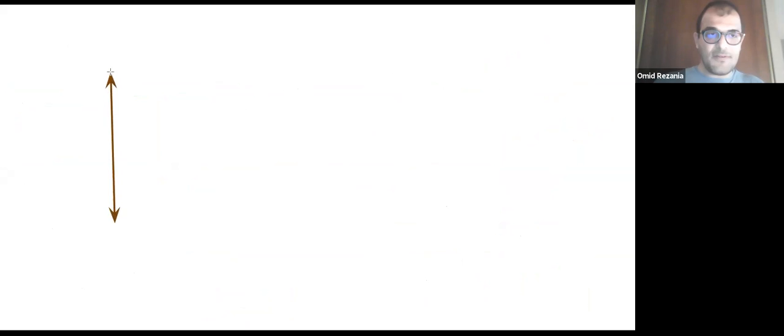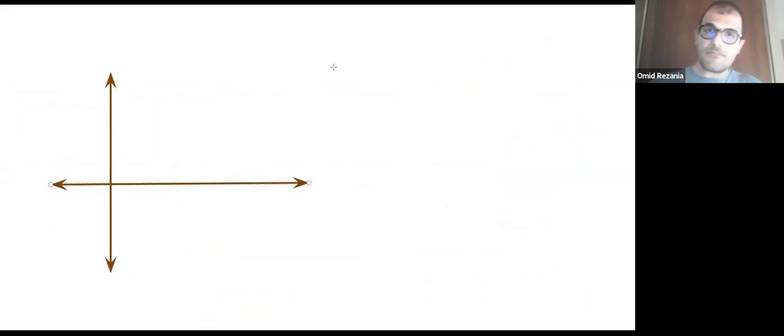Look at this one. For example, the first scenario. I'm going to have a plot, for example the plot of a function like that.